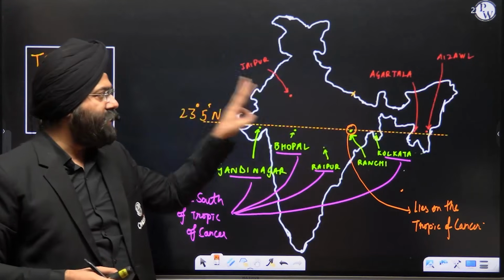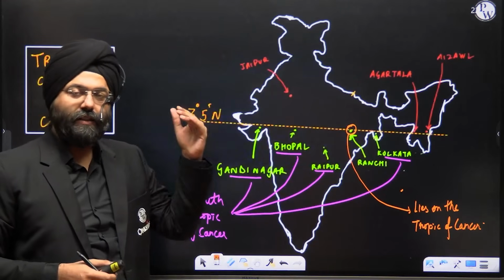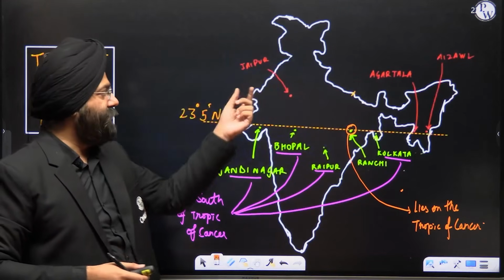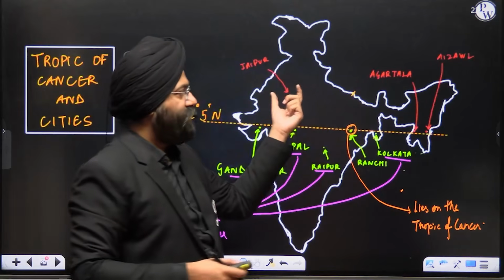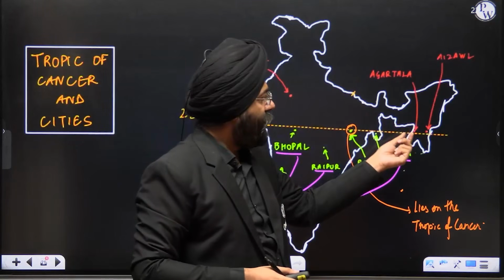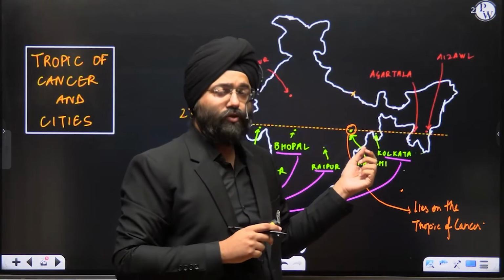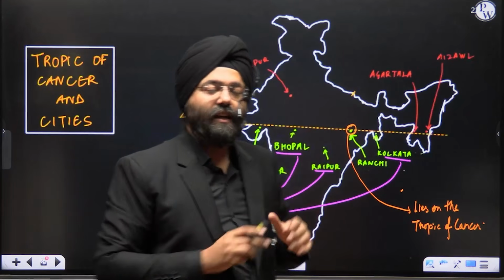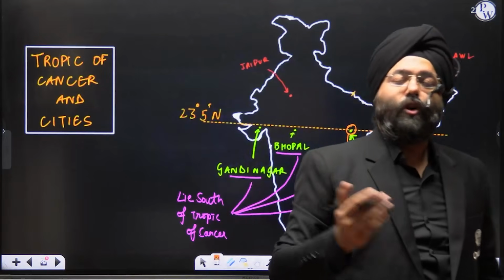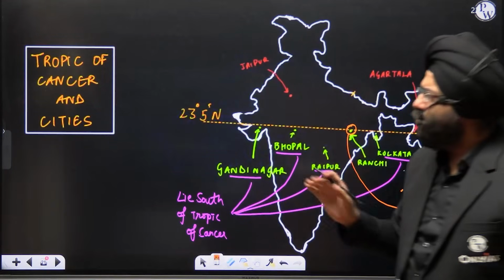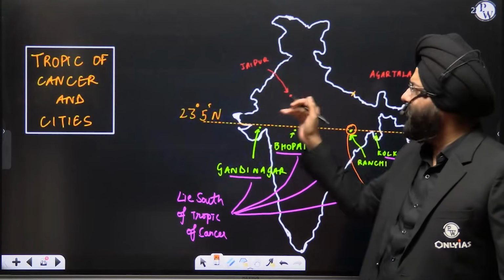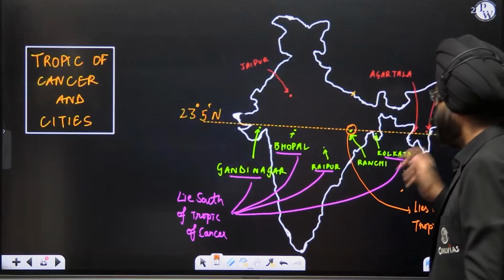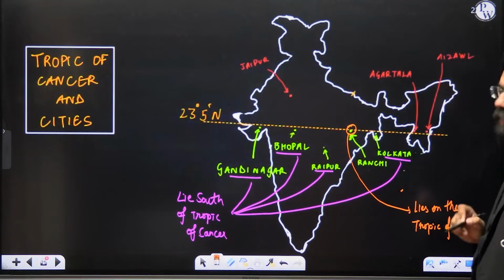Now there are 3 other places among the 8 states that we have studied, which lie above. That means Jaipur with respect to Rajasthan, Agartala with respect to Tripura, Aizwal with respect to Mizoram. Now these 3 lie above the Tropic of Cancer. If it is asked, obviously Jaipur is far in the north, it will by default lie above the Tropic of Cancer, but people get confused when they see Agartala and Aizwal.